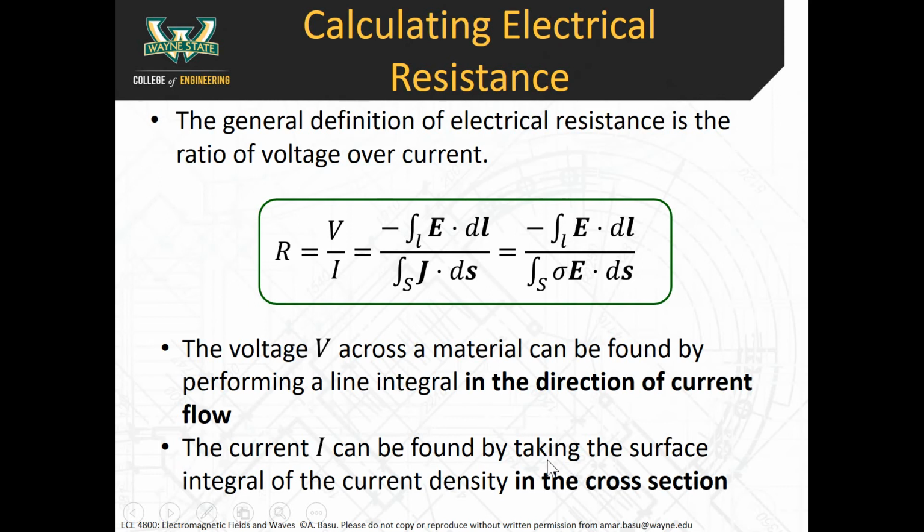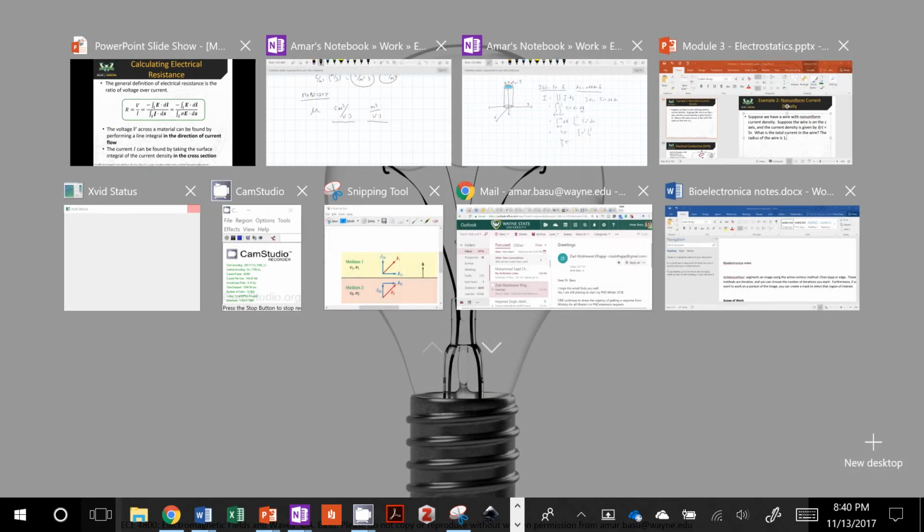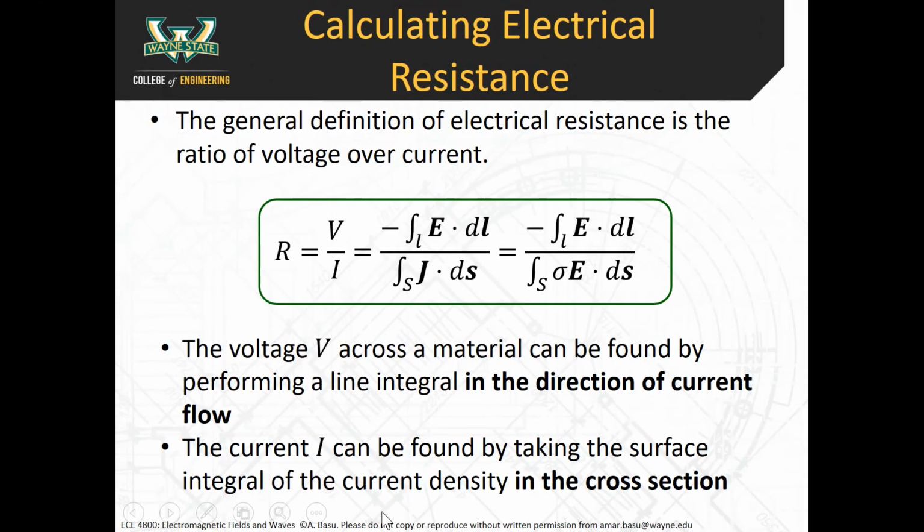Why is that? Well, we'll see an example that will make sense. So that's how you calculate V. You take the line integral in the direction of current flow, so your dl is going to point in the direction of current flow. And the current I, the denominator of this equation, can be found by taking the surface integral of the current density in the cross-section.